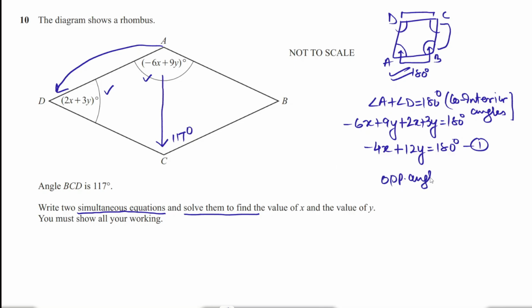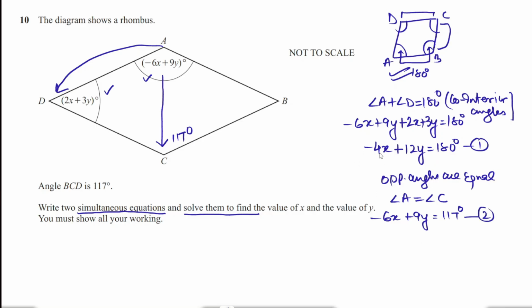Opposite means after A, we have D, leave D, whatever we are left with here, that is C. So angle A equals angle C. So what is angle A? That is minus 6x plus 9y equals 117 degrees. That is the property of the parallelogram family.